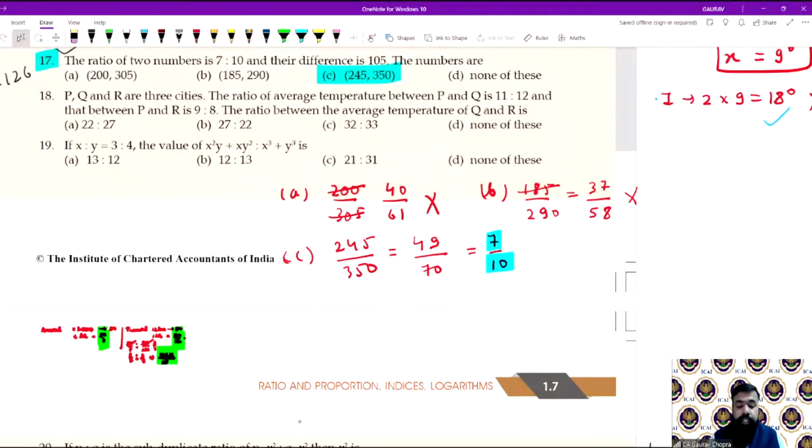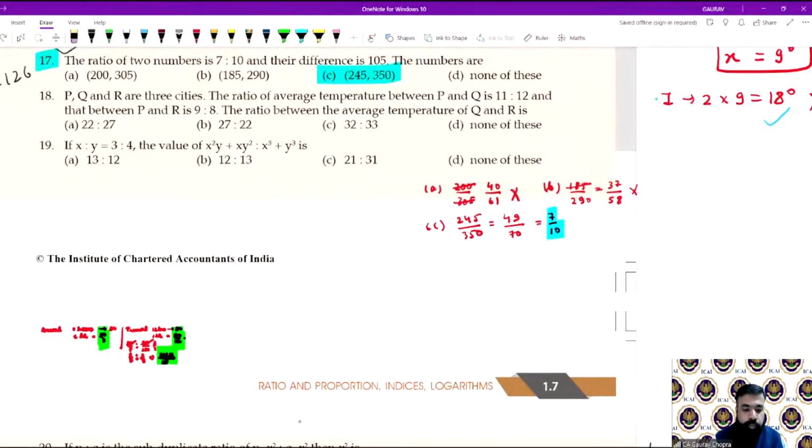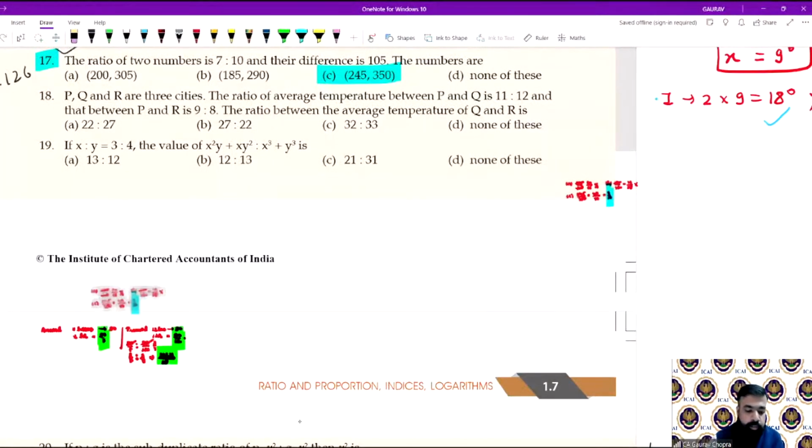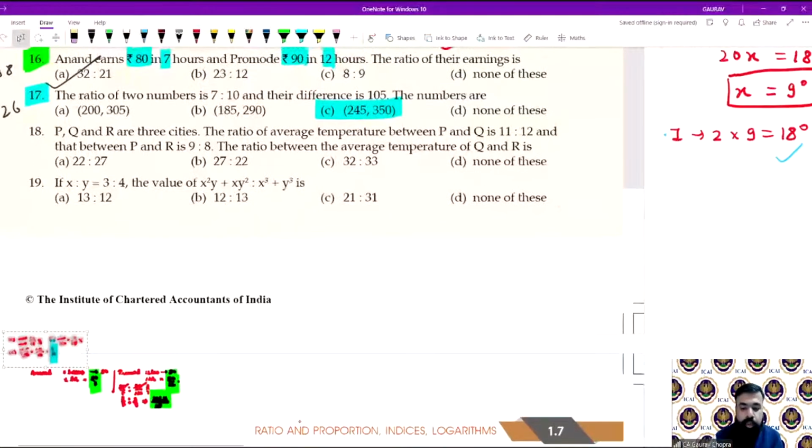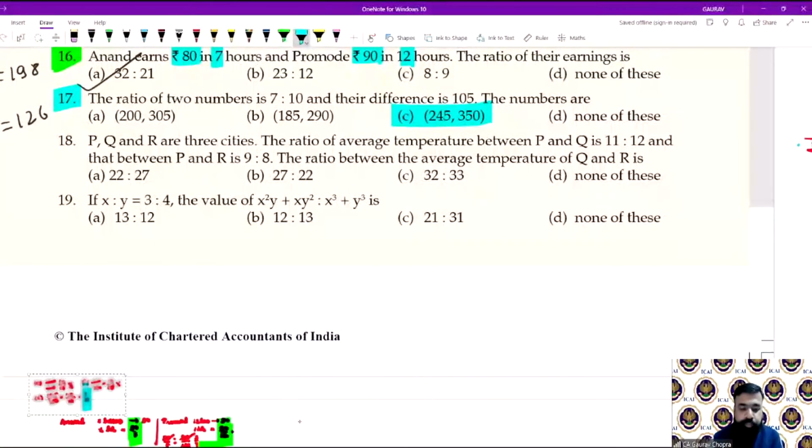In question number 18, P, Q, R are three cities, and the ratio of the temperature between P and Q is 11 is to 12. Ratio between P and Q is given, ratio between P and R is given. Then what is the ratio between Q and R? This you have to calculate. See how to do this question.